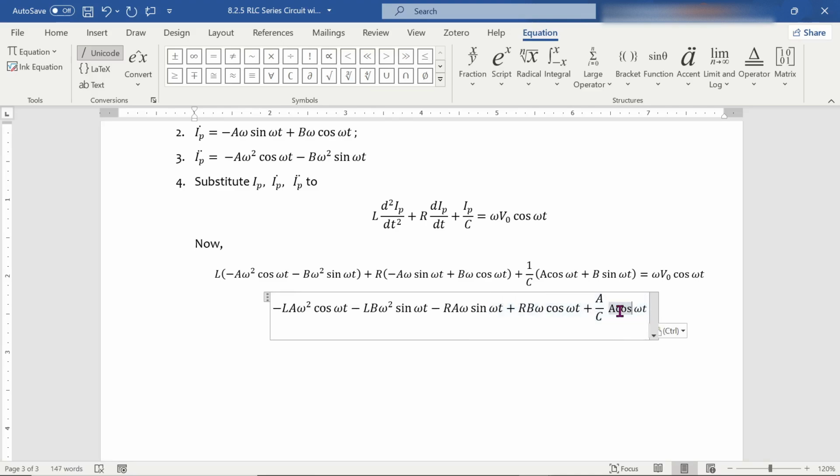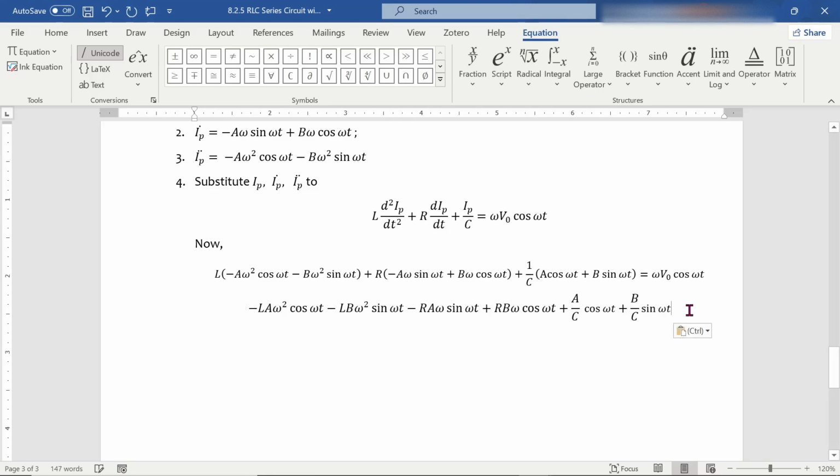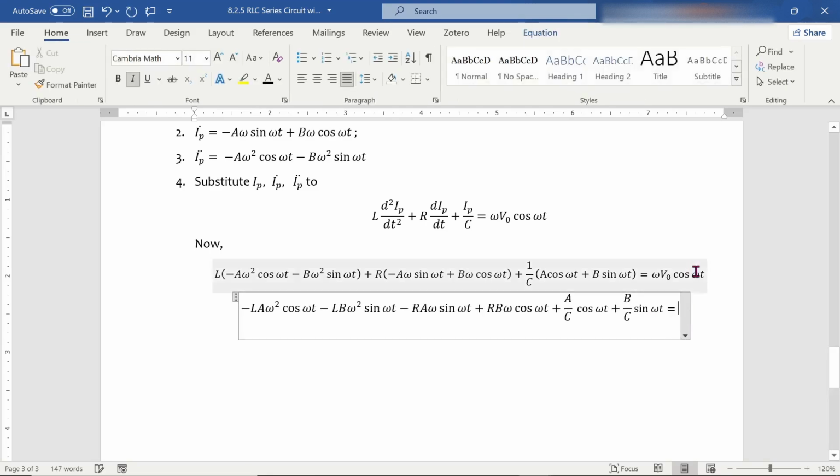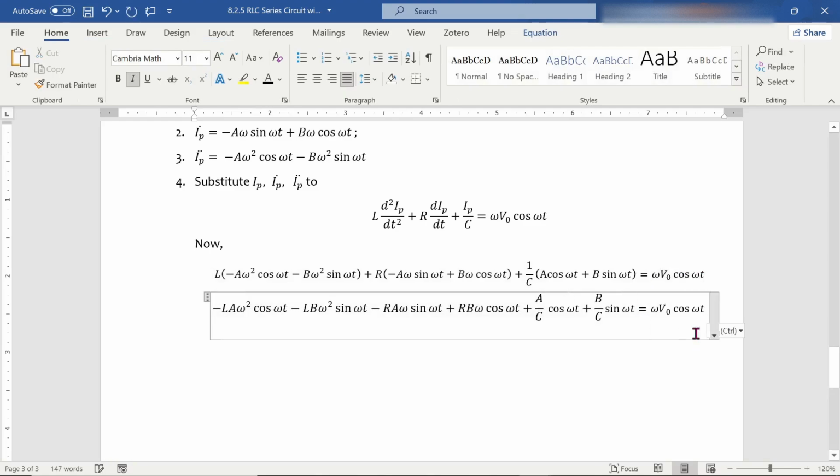I think that's simpler to look at. Plus we have B over C and then sine of omega t. And this is equal to, of course, omega times V naught cosine of omega t.